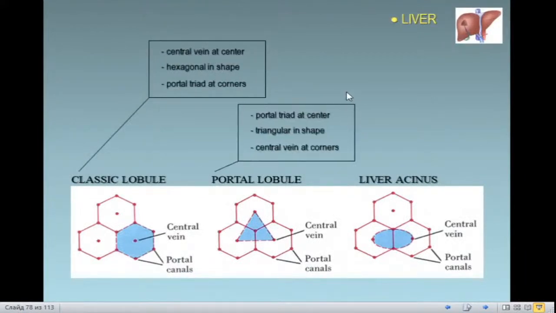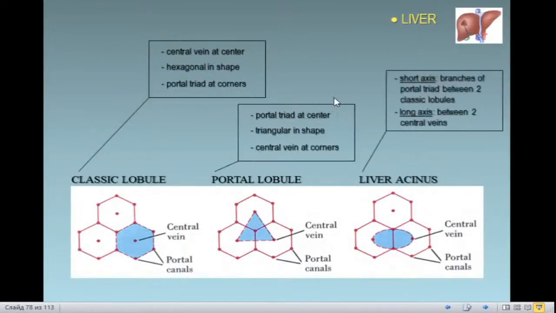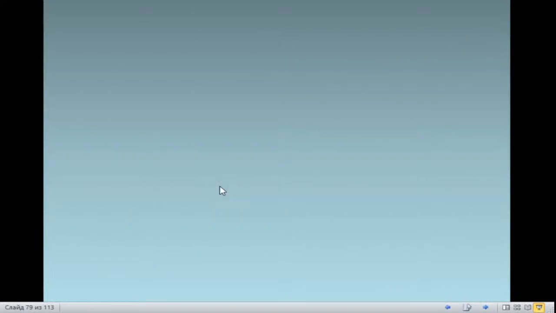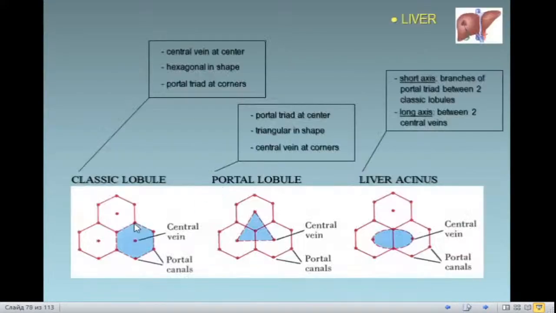And actually, we distinguish three types of morphofunctional unit of the liver. Classic lobule, hepatic lobule, is a hexagonal shaped part of liver parenchyma, which has a central vein in the center and hepatic triads in the angles. What is a hepatic triad? This is a part of the hepatic bile duct, a branch of the hepatic artery and a branch of the hepatic portal vein.